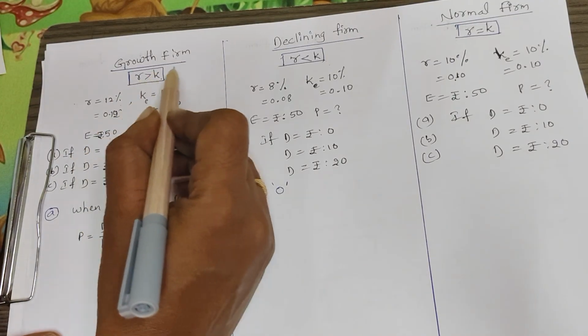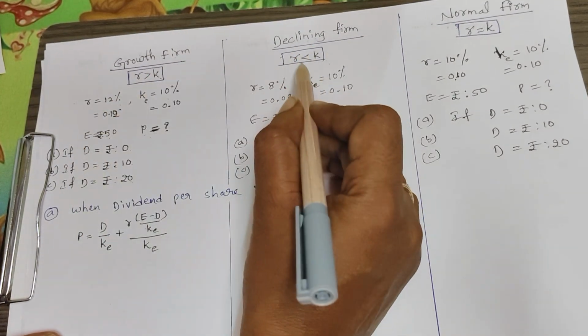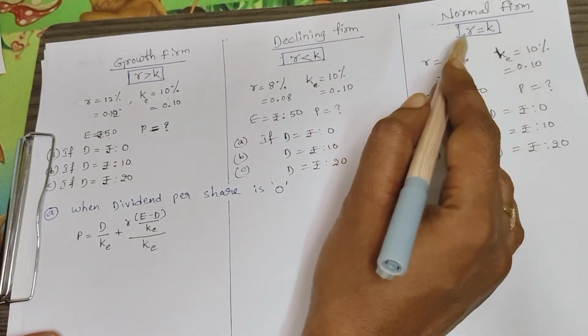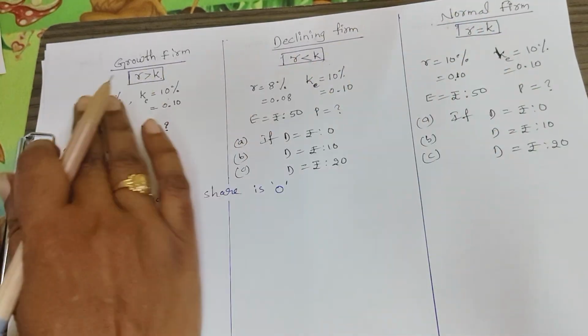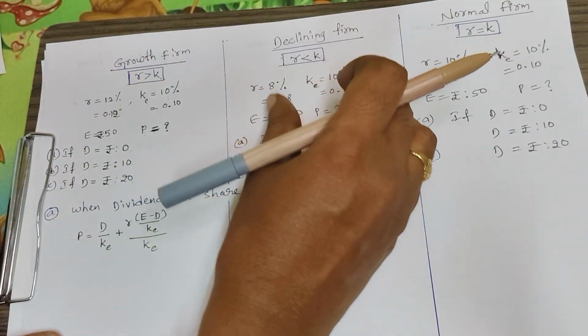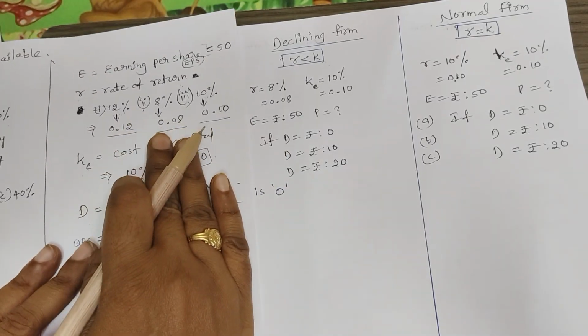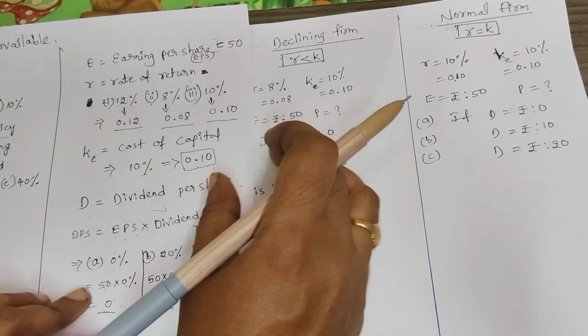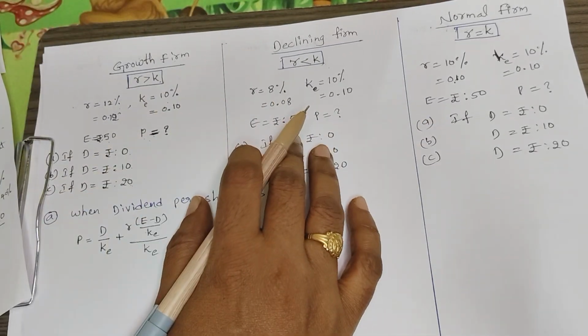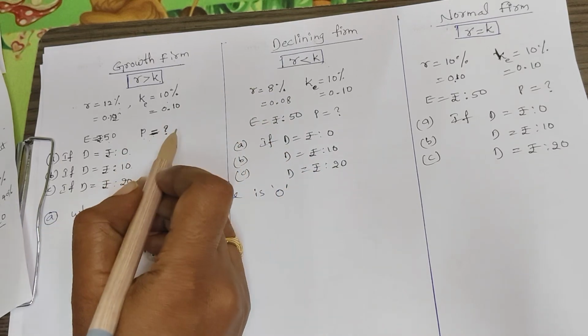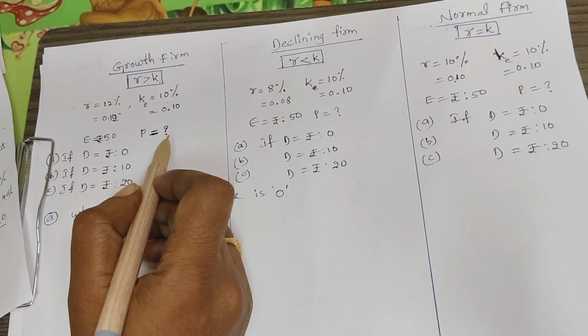So, R is greater than K, that is growth form. R is less than K, declining form. R equals to K, normal form. So according to these forms, you need to write all the details. So already we have given details. By using these details, we need to write here. Okay. If you write like this, we can easily calculate P value by using Walter's model.